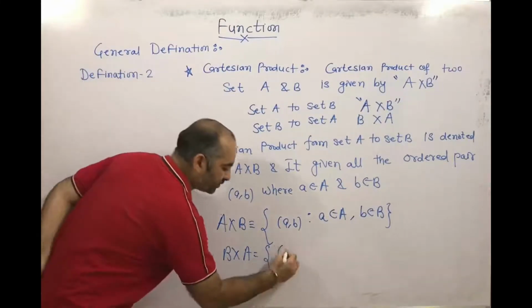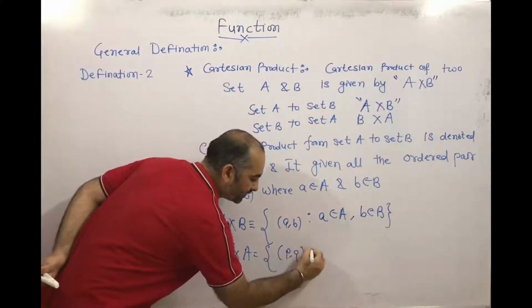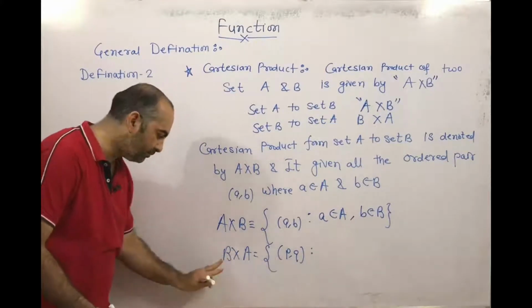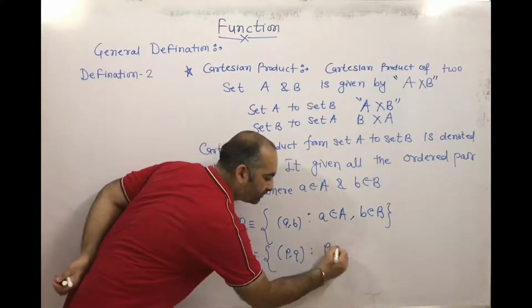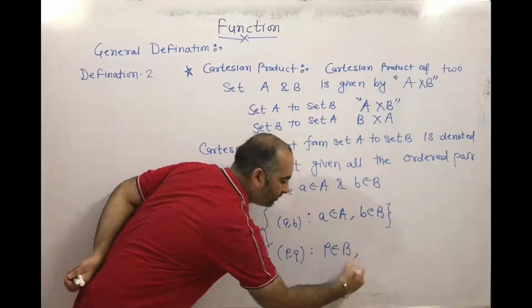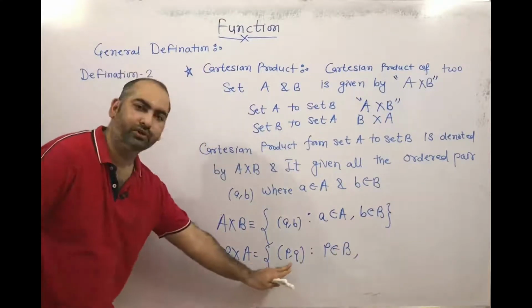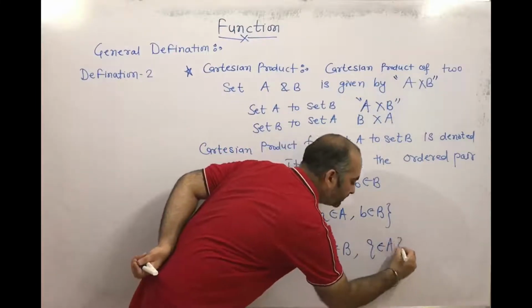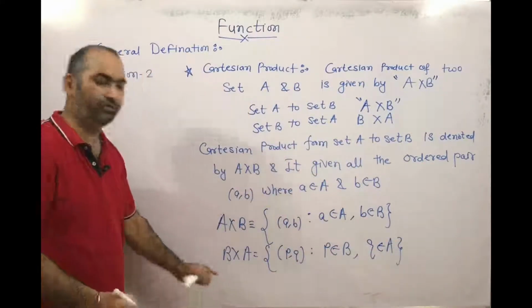Suppose we write (p, q), where the first element p should come from B, and q should come from A. So this is your Cartesian product A cross B and B cross A.